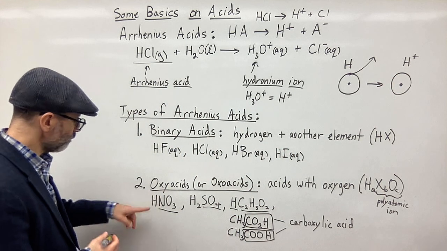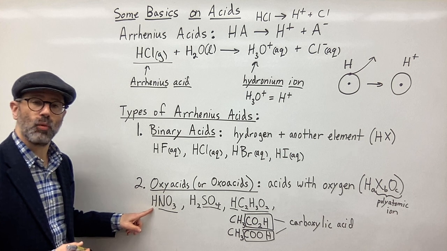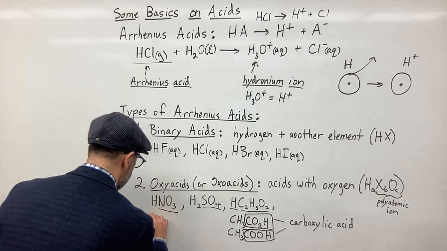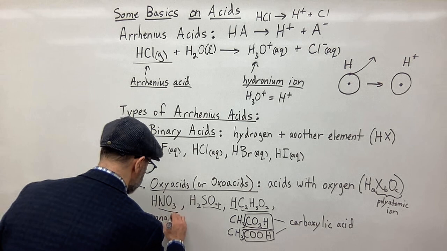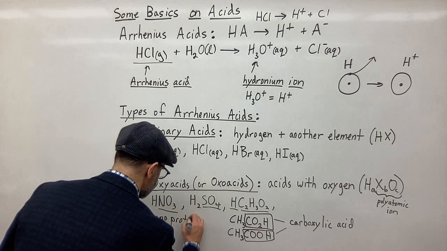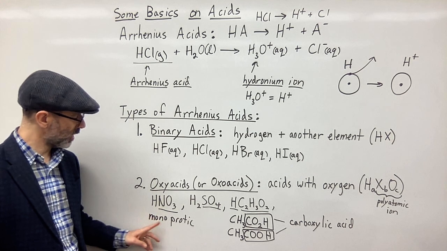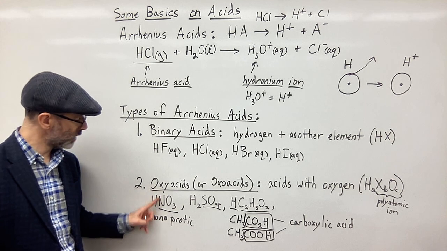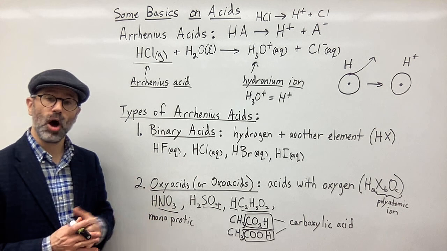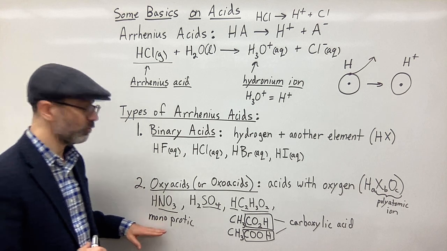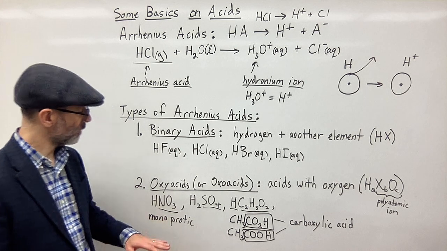So in this case here, we only have one acidic hydrogen, so this would be monoprotic. This is a monoprotic acid because it's got one proton that it can give off, one H plus that it can give off, right? So we refer to it as monoprotic.